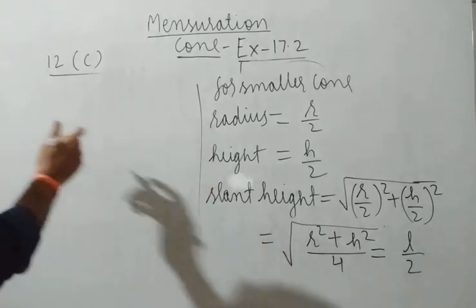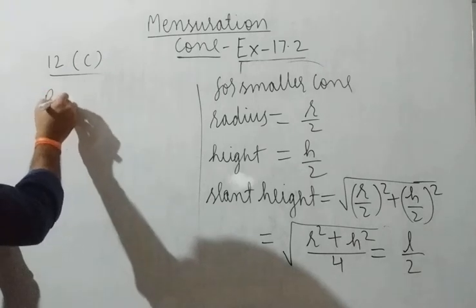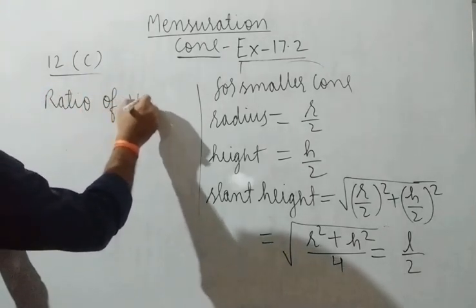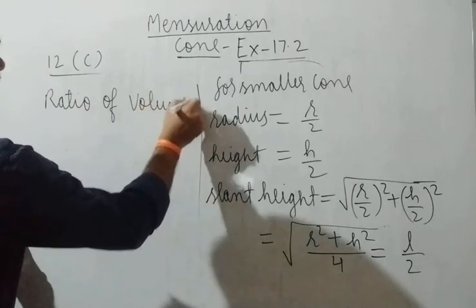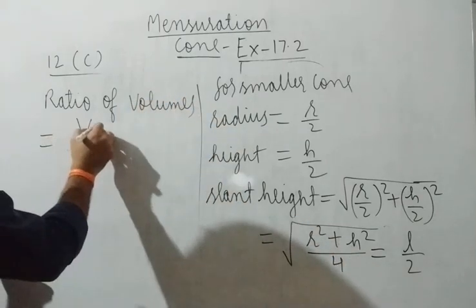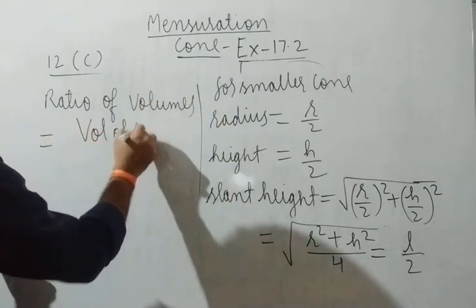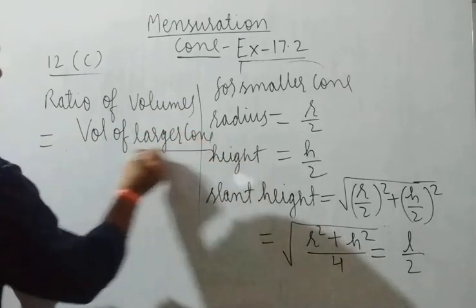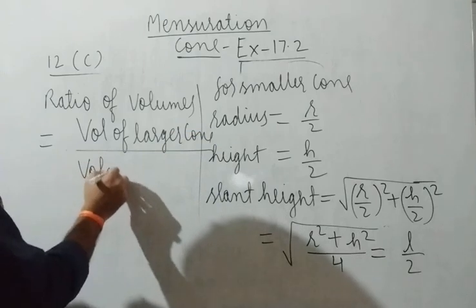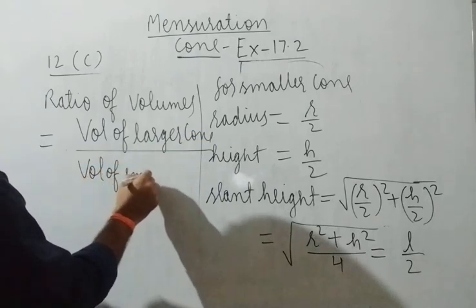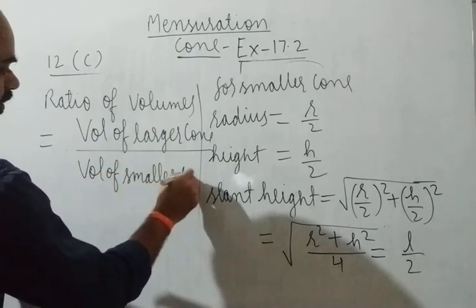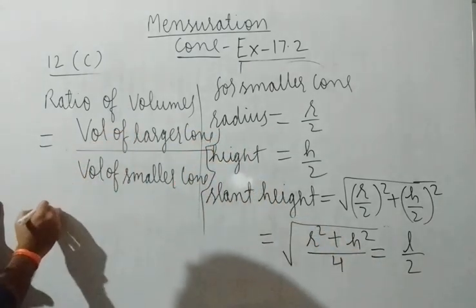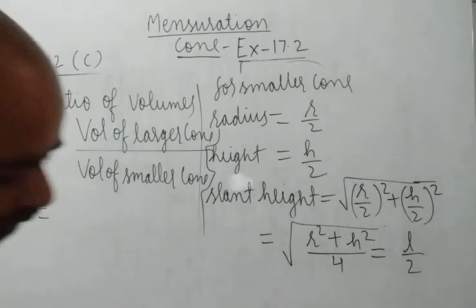It means the ratio of their volume means volume of smaller cone upon volume of bigger or larger cone.